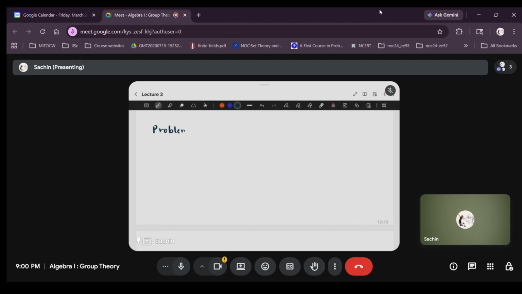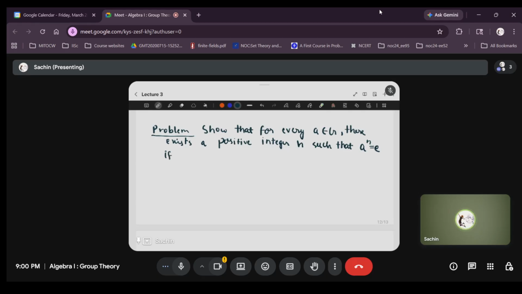So the first problem is: show that for every A in G, there exists a positive integer n such that A power n equals E, if G is a finite group.